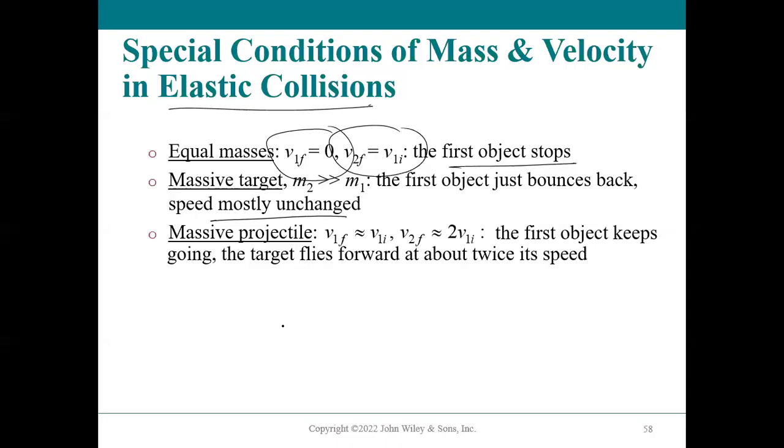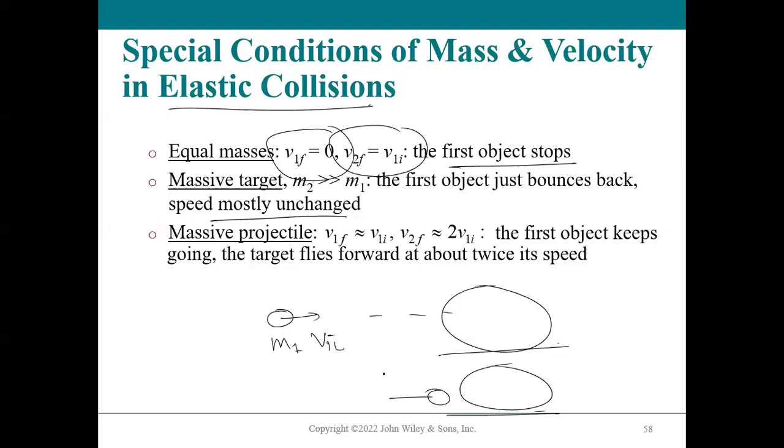For example, here we have m1 with v1 initial, and a very large object here. After the collision, the large object is still at rest, and mass 1 goes back with minus v1i. This is equal to v1 final.